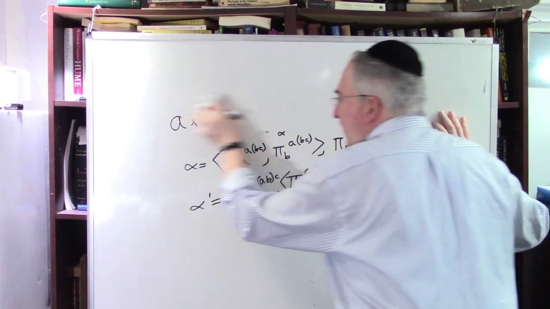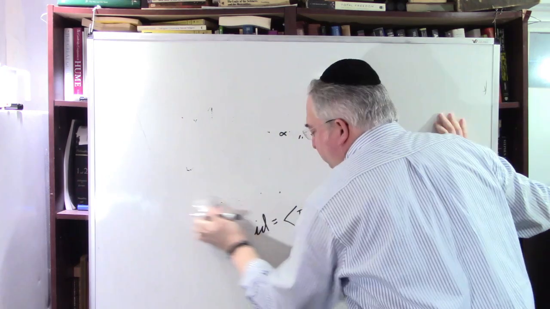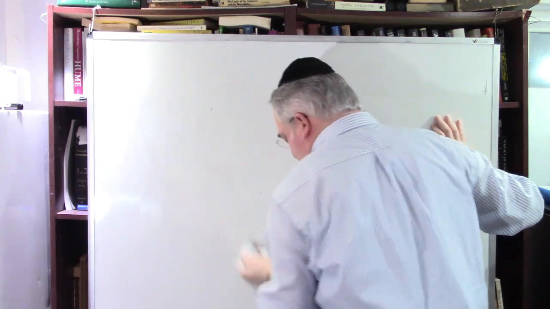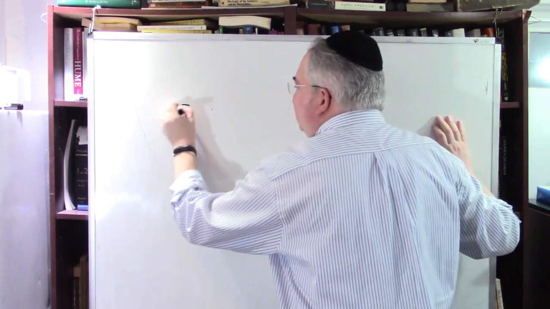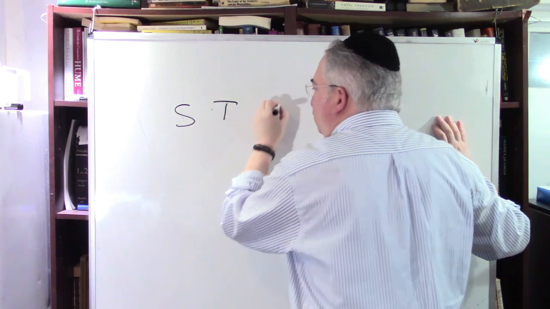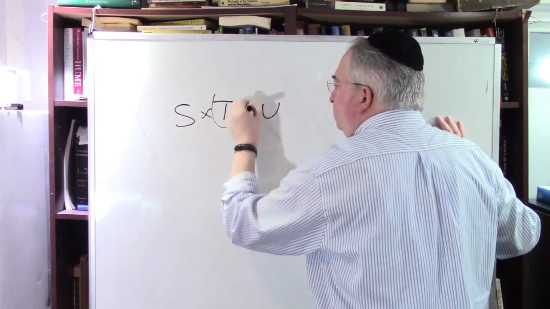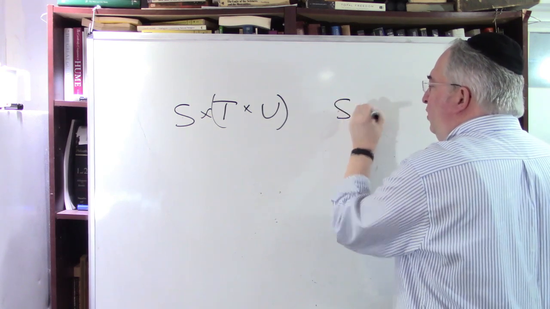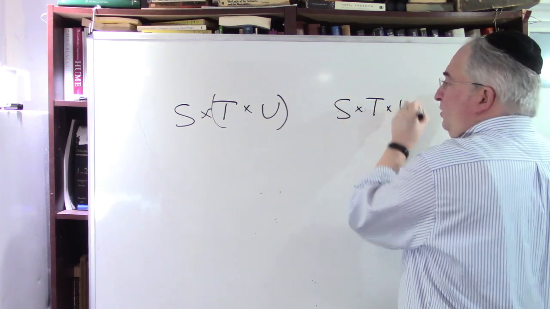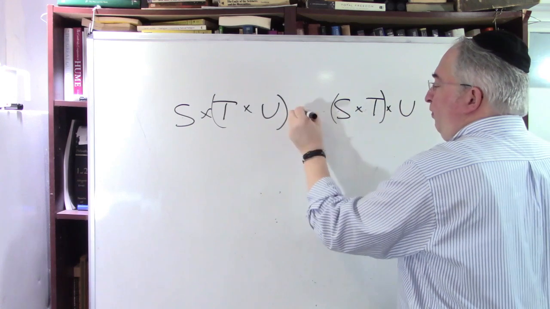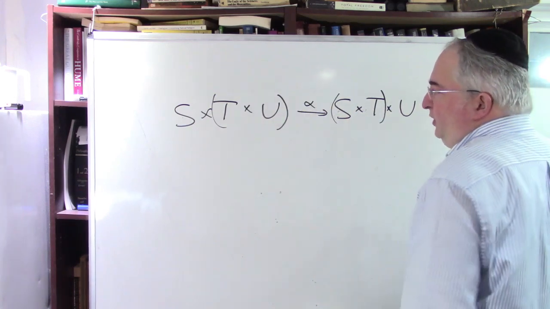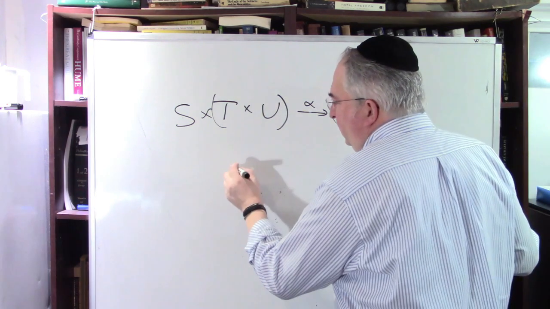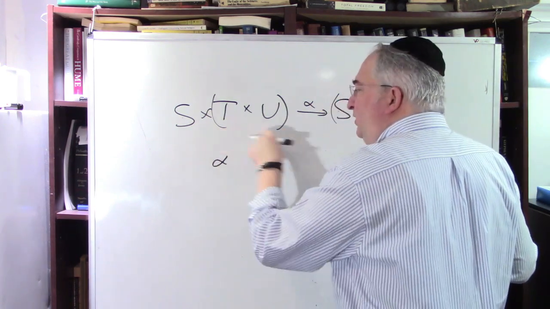Okay, and so always we start with set. Okay, so given three sets, S, T, and U, we can do that, or we can do this. And there's an alpha in between them, kind of. The main point is, ready? Alpha, what's a typical element here?